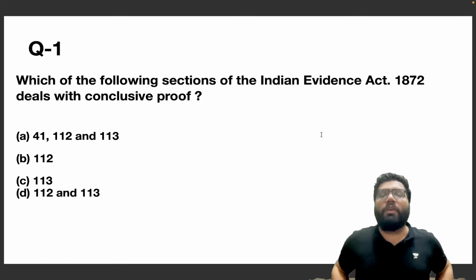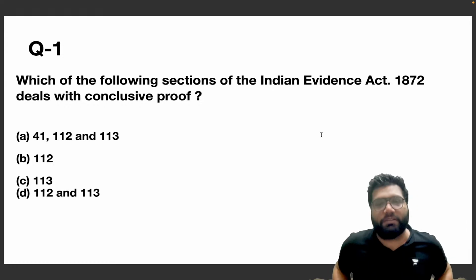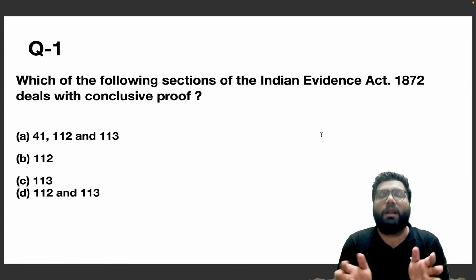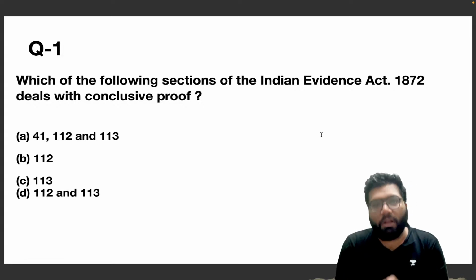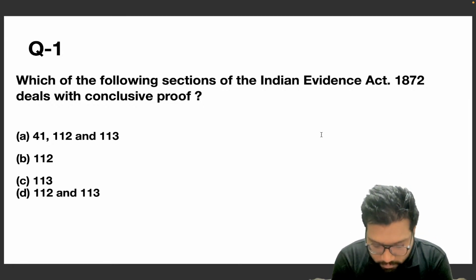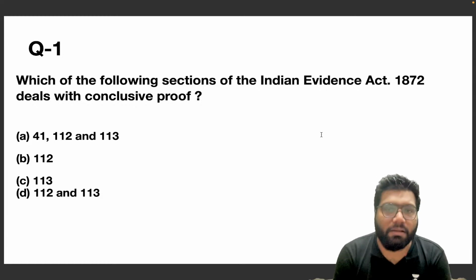Yes, who can tell me what is the major difference between conclusive proof and shall presume? The two are both different presumptions. Now my question is, what is the major difference? Okay, Kirti, correct answer.